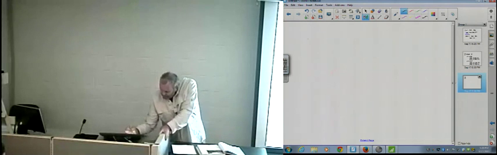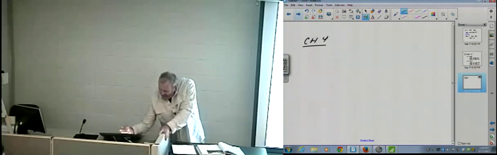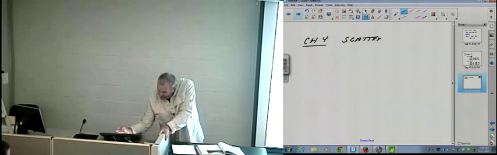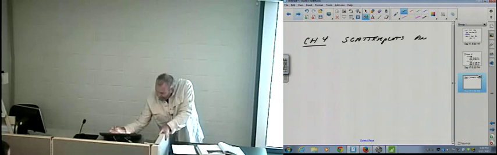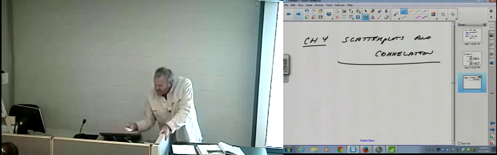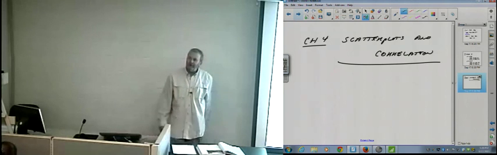Chapter 4, the title of it is Scatterplots. That's our graph here. And correlation. That's going to be the calculation we look at here.